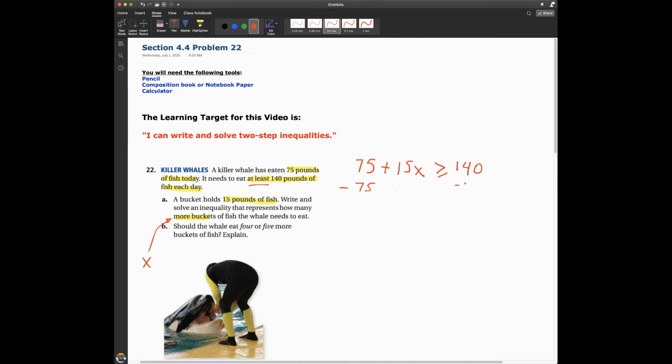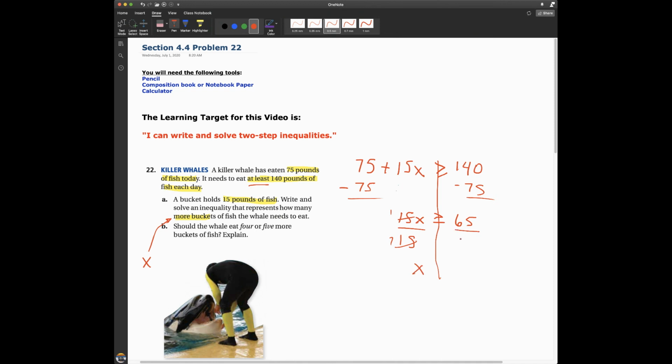Let me subtract 75 first, and I'm left with 15x is greater than or equal to 65. Let me divide both sides by 15. That cancels, and I have x.